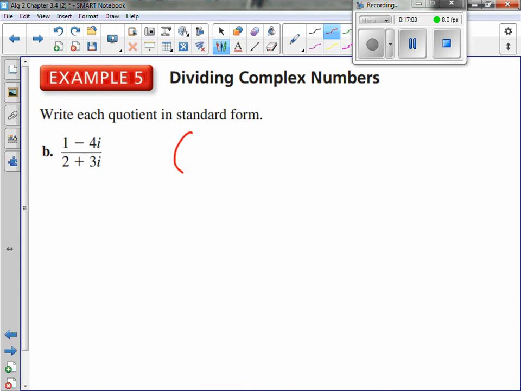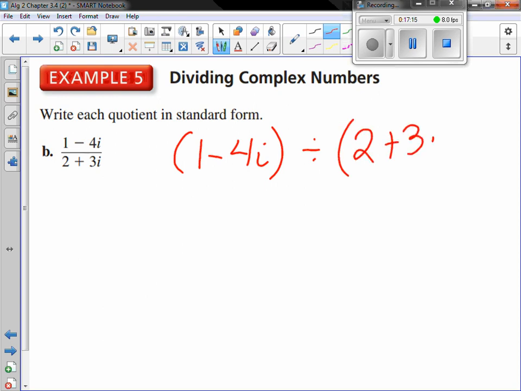Parentheses. 1 minus 4i. Close parentheses. Second decimal will give you I. Once you get that typed in, hit enter.